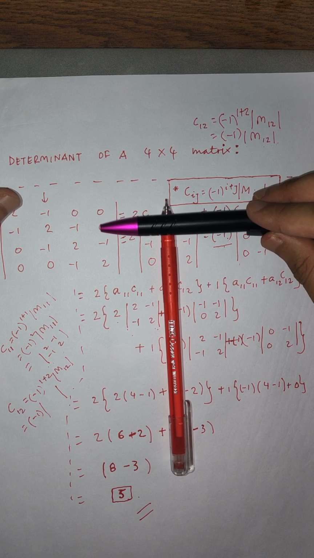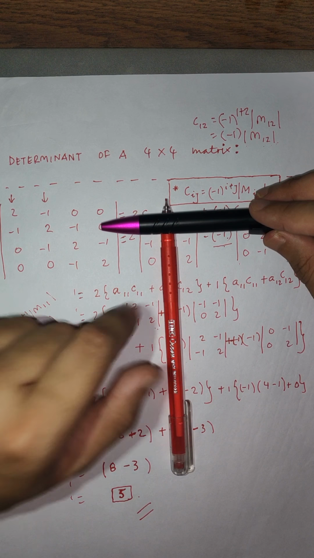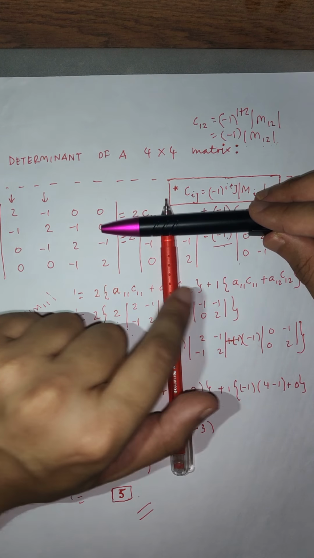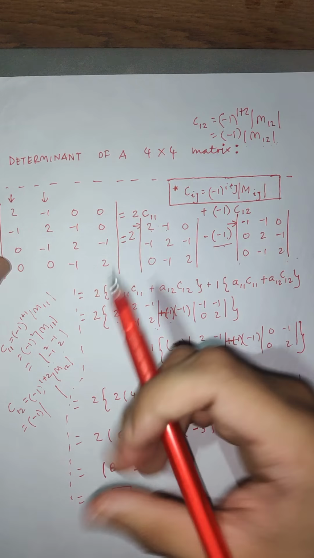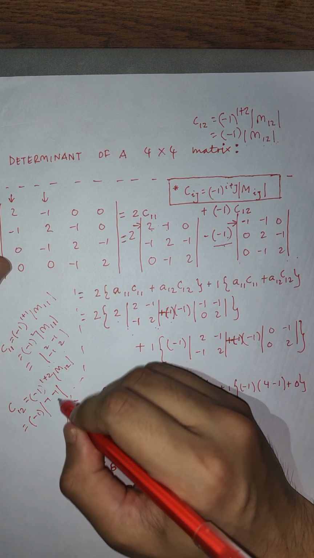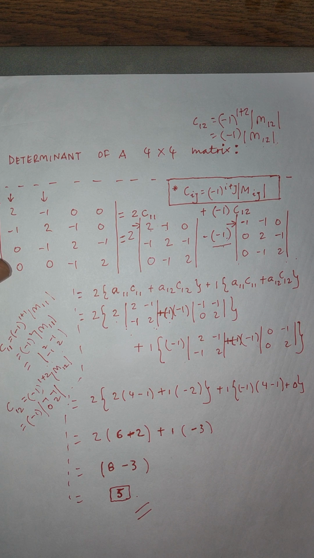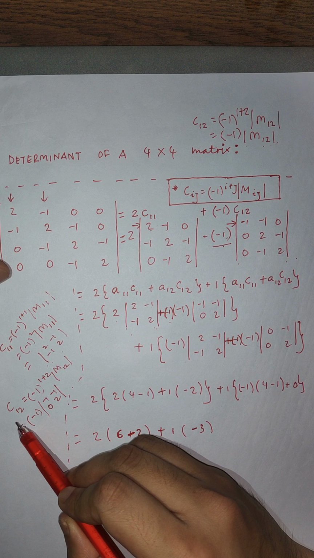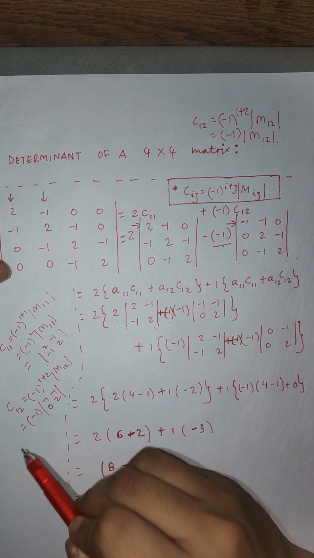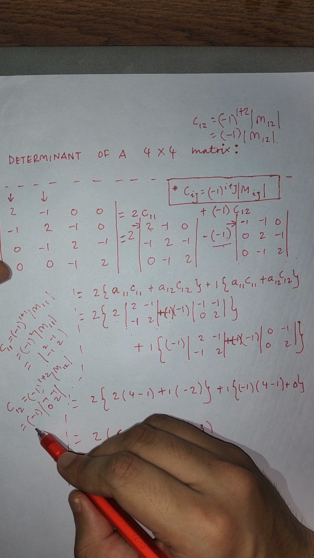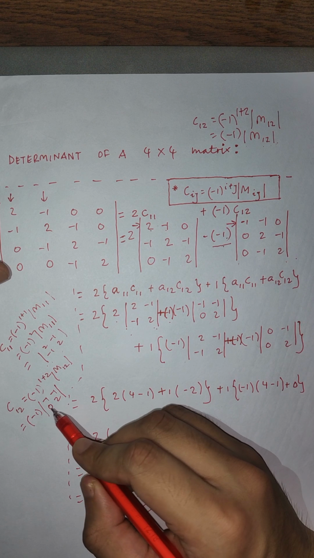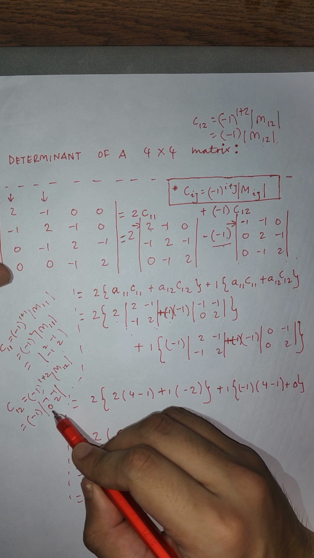So we have negative 1, negative 1, 0 and 2. So the cofactor for the position 1 2 is just negative 1 times the determinant of negative 1, negative 1, 0 and 2.